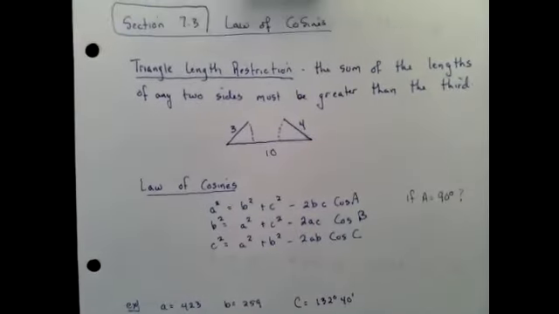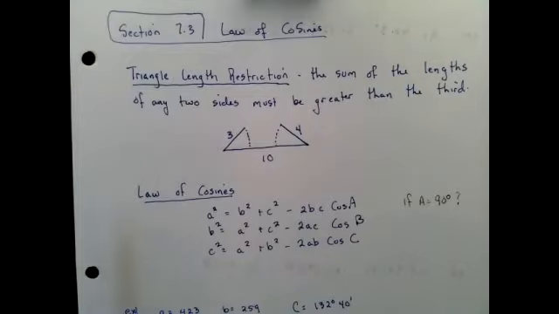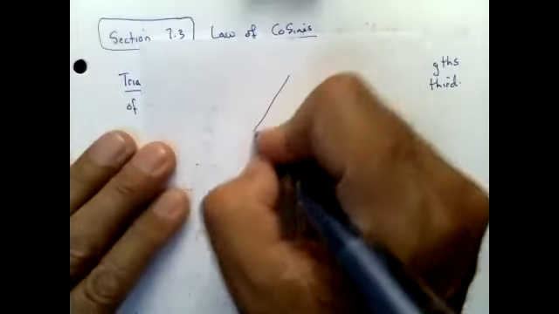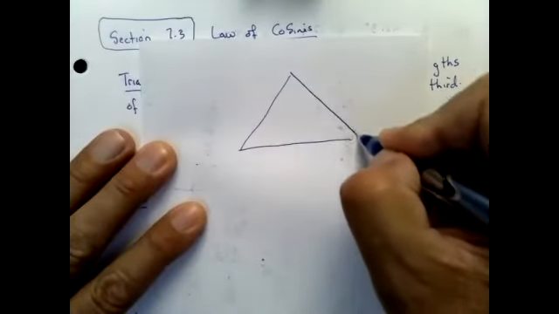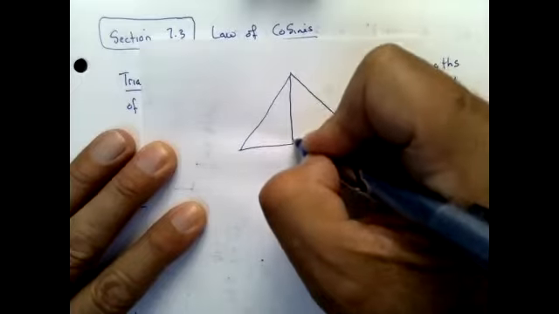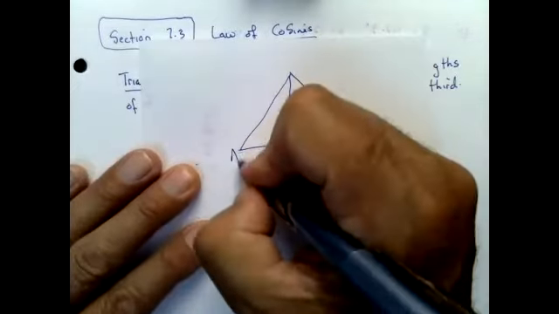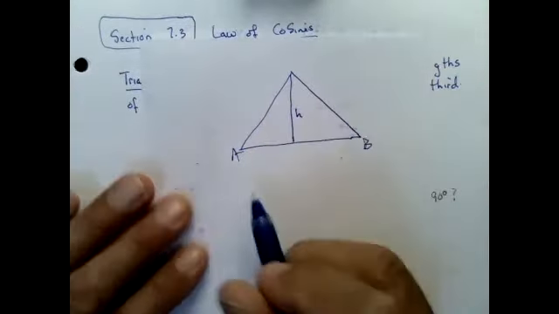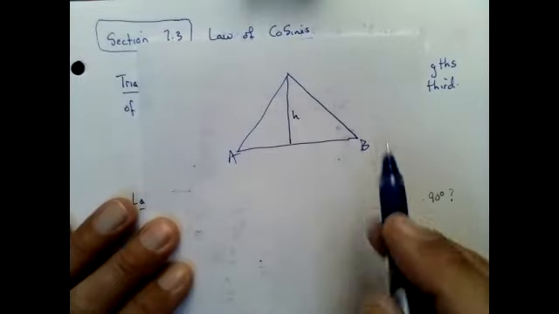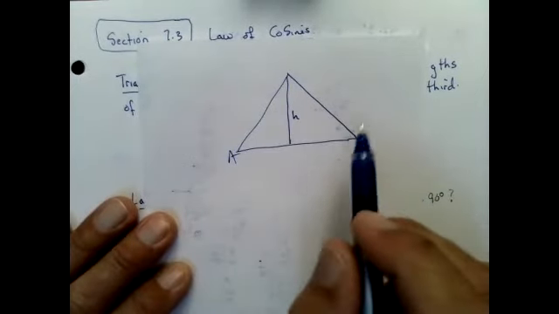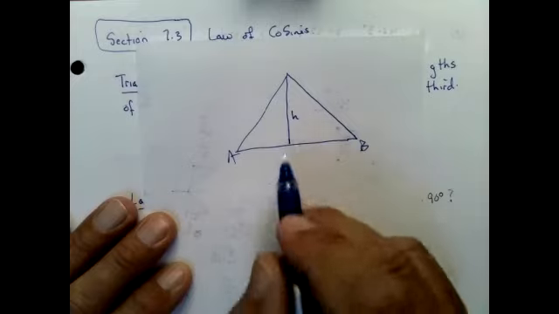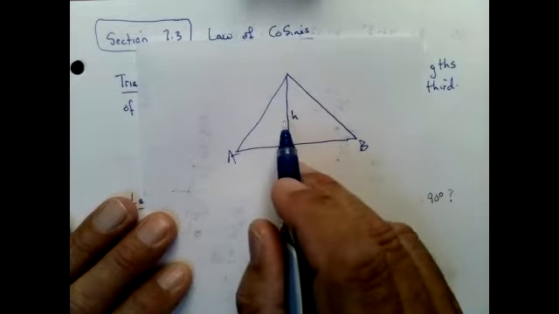So there's all this fun and games like we did with the law of sines. If you remember, how did we come up with the law of sines? Well, we took a random triangle and dropped H, and we said, if this is A and this is B, the sine of A was yada, yada, yada, the sine of B was yada, yada, yada, and then we had H in both of those.